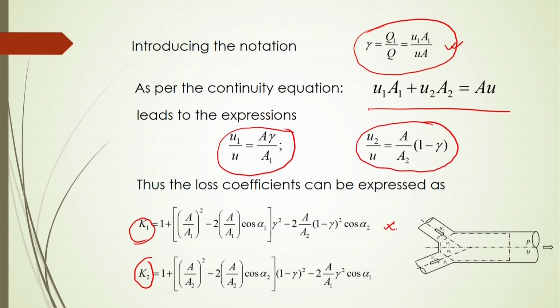So, these two equations can be used to calculate the minor loss coefficient whenever two pipes are joining each other and forming one pipe cross section having uniform or fully developed flow u.